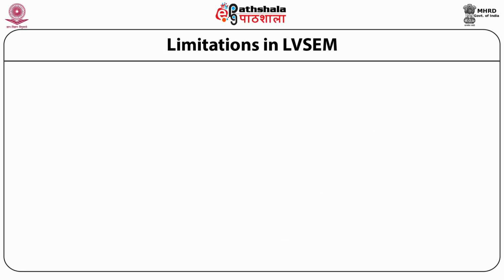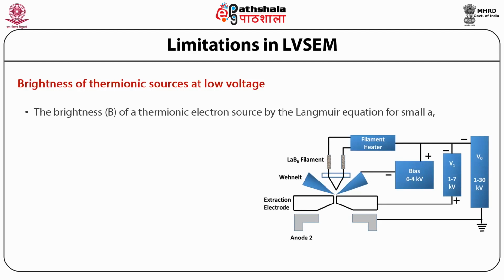The limitations in low voltage SEM. First, the brightness of thermionic sources at low voltage. The source brightness is a practical limit on the performance of SEM with a heated tungsten source.